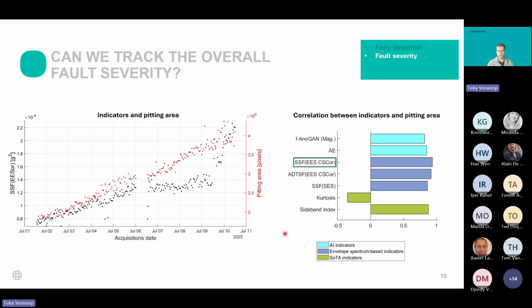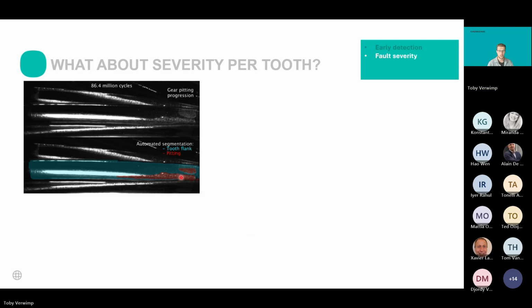This was about fault severity for the full gear, but as mentioned before, using the camera we can sort images per tooth, so we can also track the fault severity per tooth. Here we have an example image of one tooth in the industrial gearbox, where we have the annotated flank in blue, and in red we have the pitting.